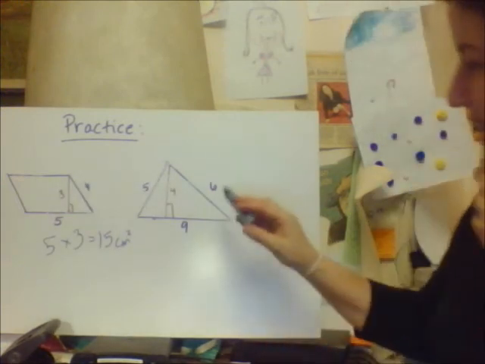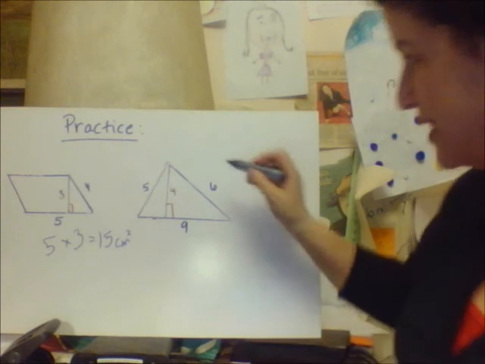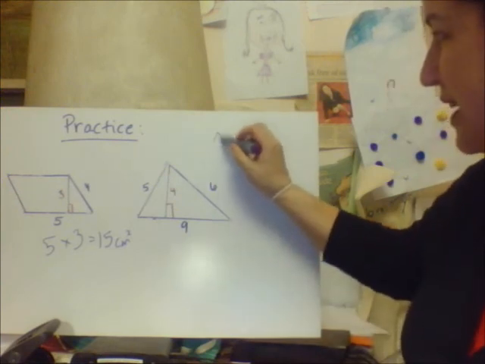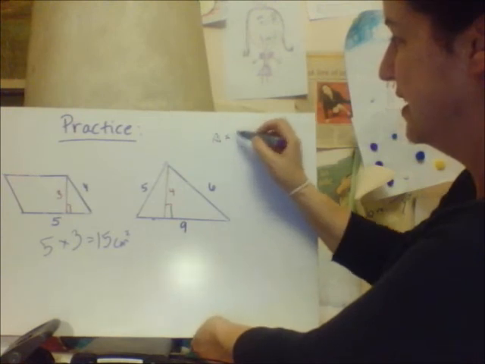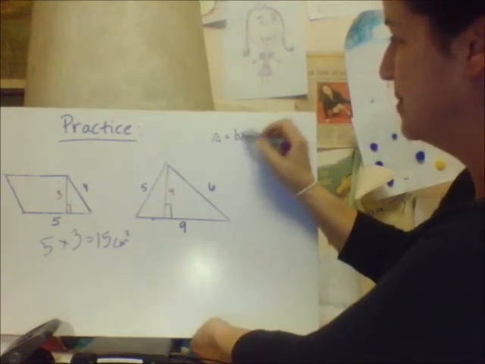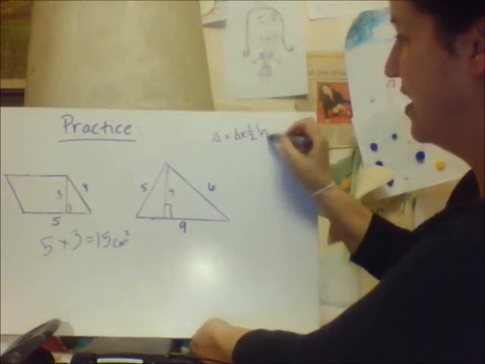Okay, now let's look at our triangle. Just a reminder, for the triangle's area, it equals base times 1/2 the height.